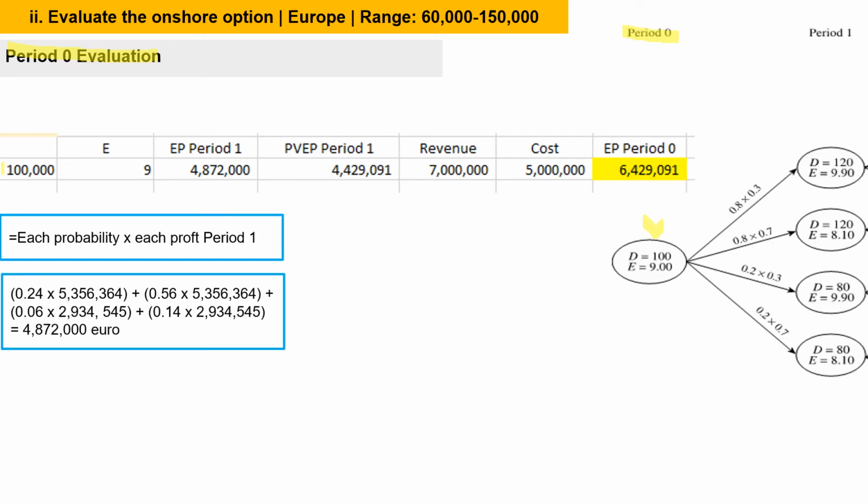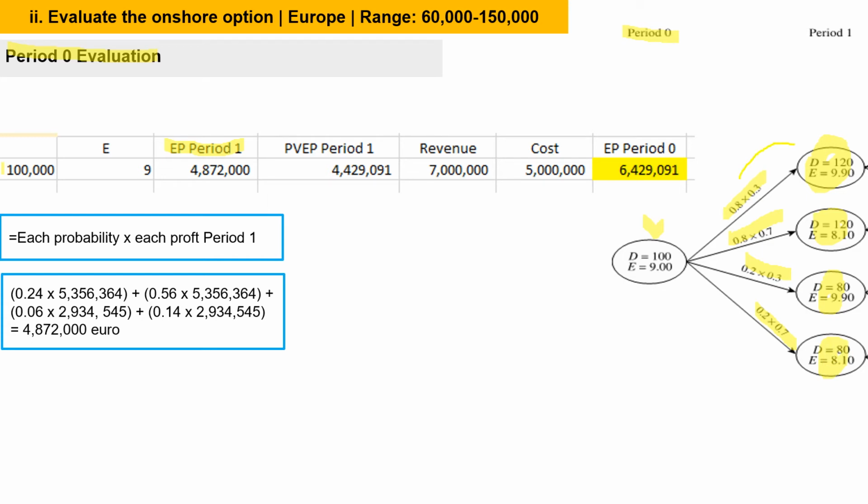So for the EP, or expected profit in period 1, that will be discounted to period 0, the formula is the same as before, which is each probability times each profit in period 1 that we got from the previous table or previous slide. So this probability times the profit here, this probability times the profit here, and so on.